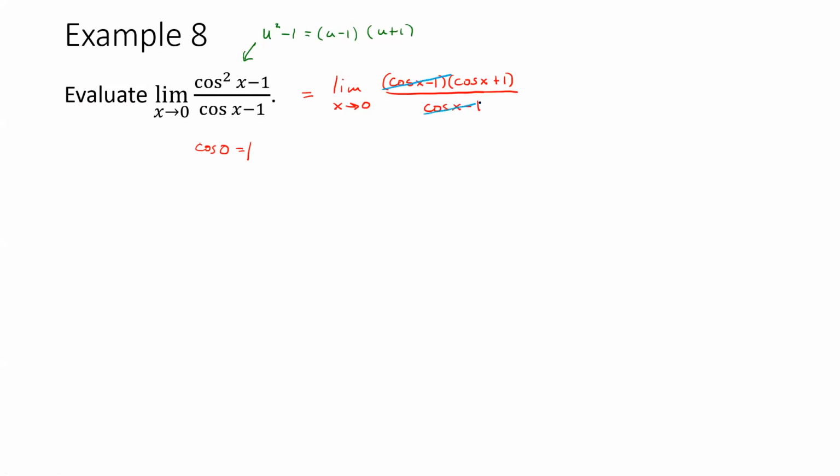That guy divides. And now I can evaluate it. And then here, cosine of 0 is 1. And so we get 2.